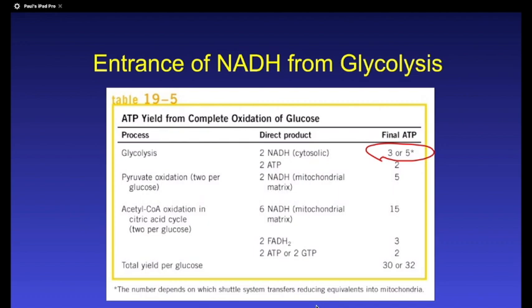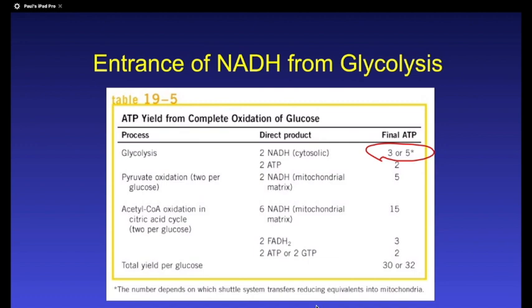We produce 2 ATP in glycolysis itself. From the pyruvate oxidation in the matrix, converting pyruvate to acetyl-CoA, I get 2 NADHs, which times 2.5, I get 5. I get 6 NADHs when I go through the citric acid cycle 2 times, because I have 2 acetyl-CoAs from glucose.